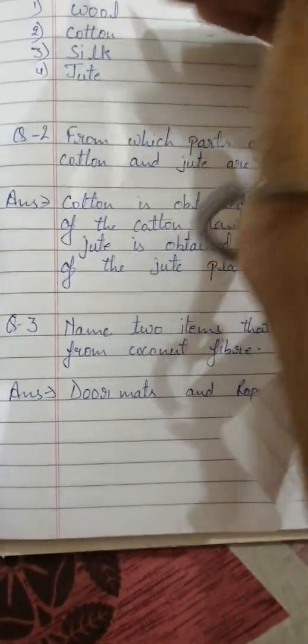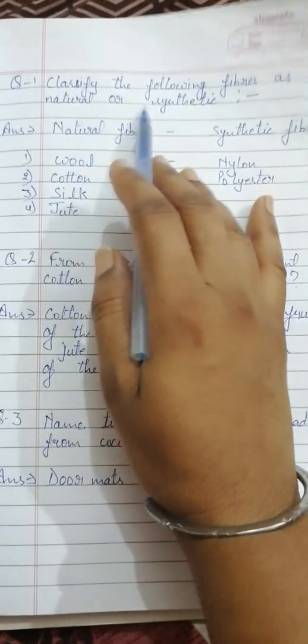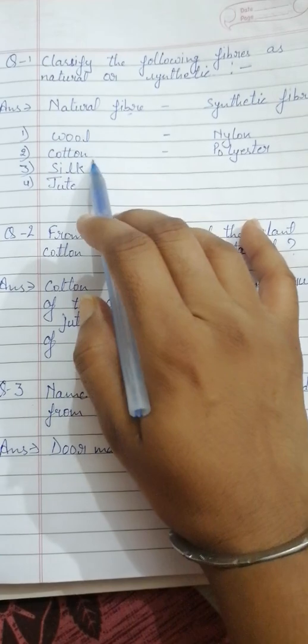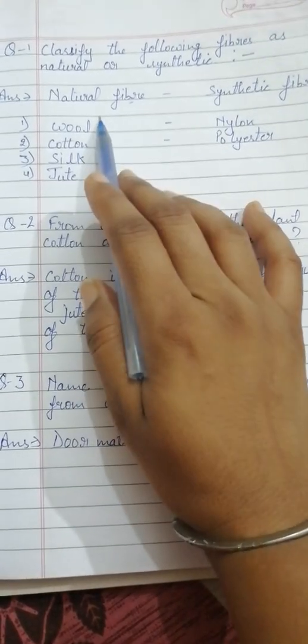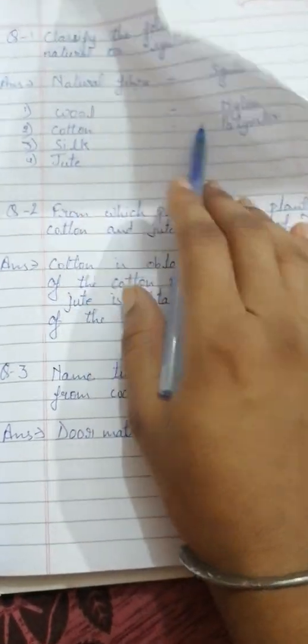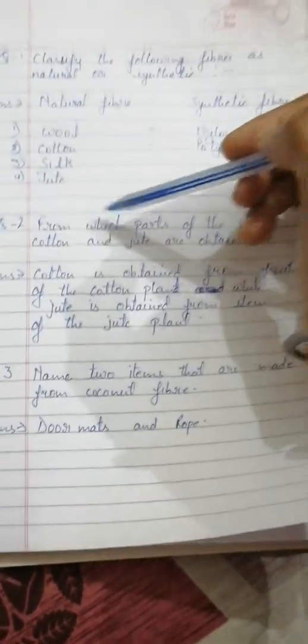So your question number 1: classify the following fibers as natural or synthetic, for which you have to make two columns, natural fiber and synthetic fiber, and classify them.